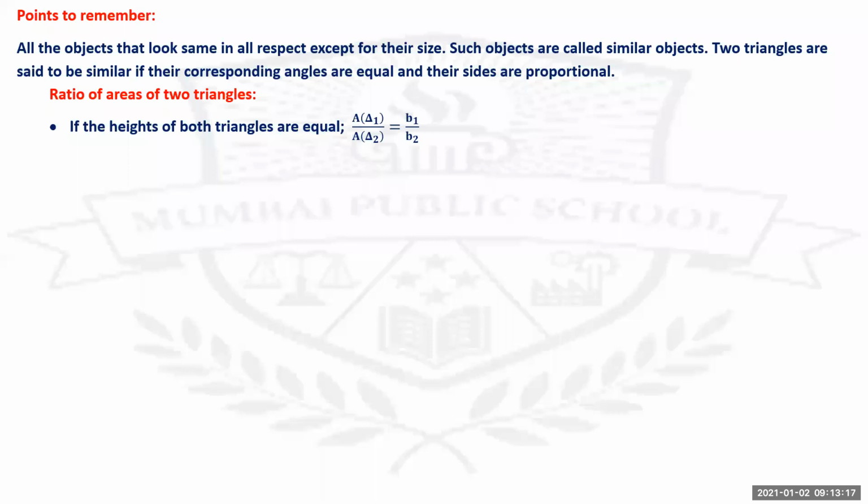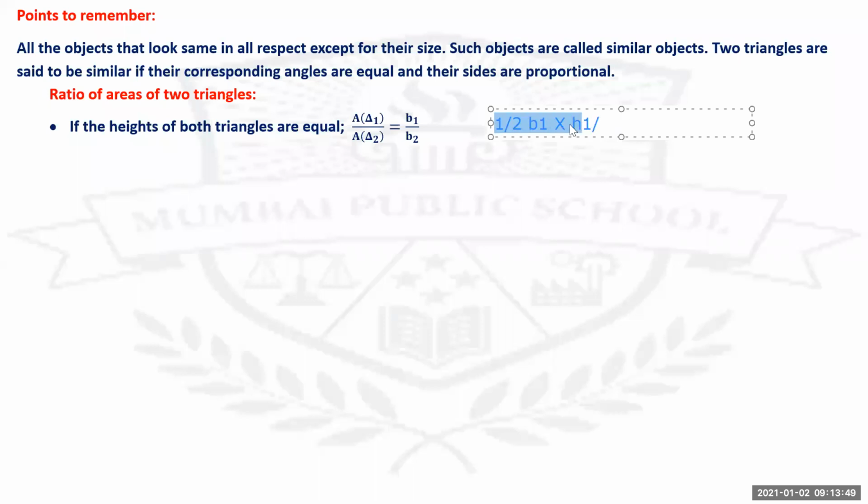Now what happens here is, check, half base into height is the formula. If you're assuming for triangle 1, we take that as B1 and H1, and this you're going to divide by the same thing for the other triangle, because you're going to get the same formula.